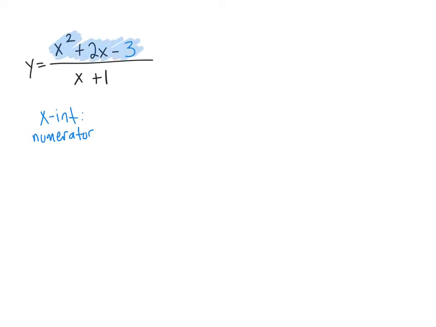So I'm going to do some factoring. I wonder why the 3 was the only one that changed here. That was weird. I'm multiplying to -3 and adding up to 2. So that's going to be 3 times -1. So that's x plus 3 and then x minus 1.